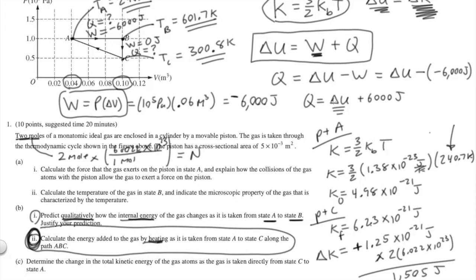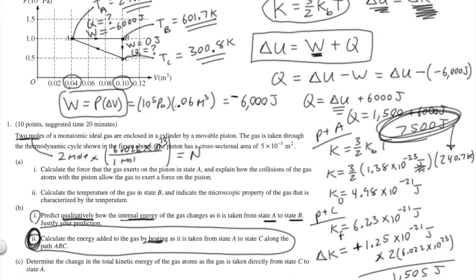Let's bring that back up here. The thermal energy added is Q equals basically 1,500 plus 6,000, which gives 7,500. The thermal energy is 7,500.